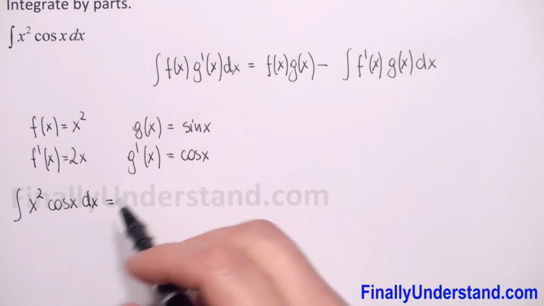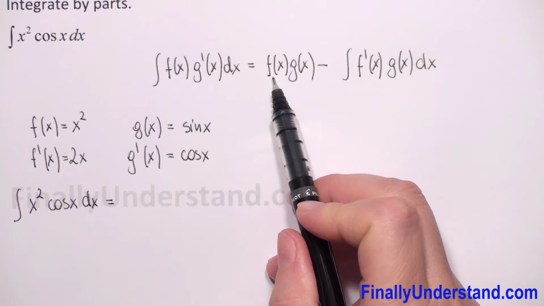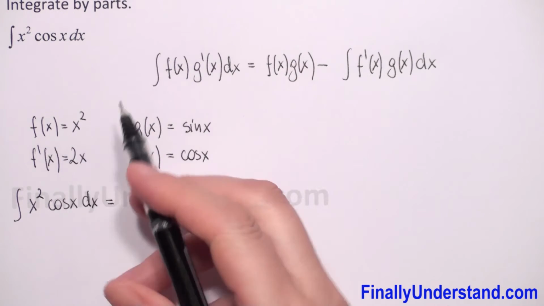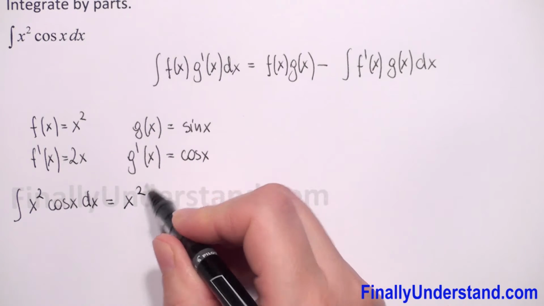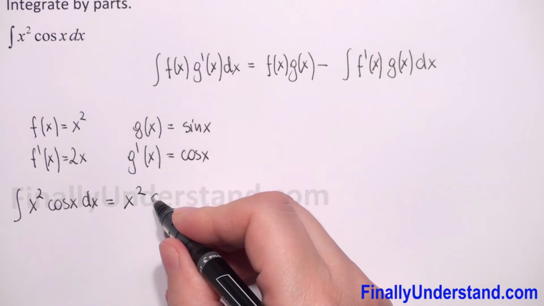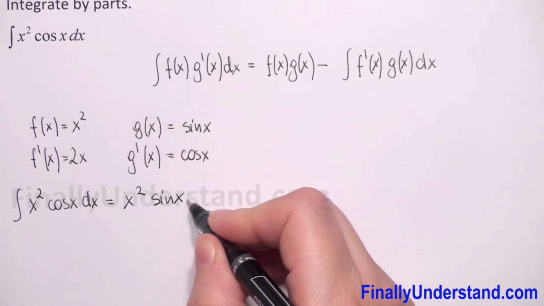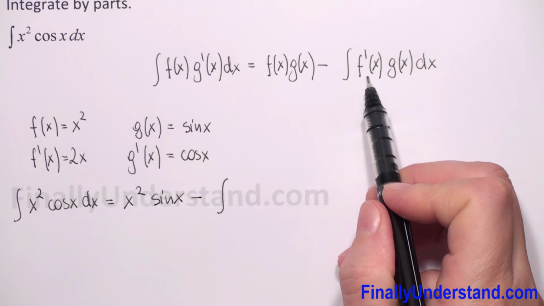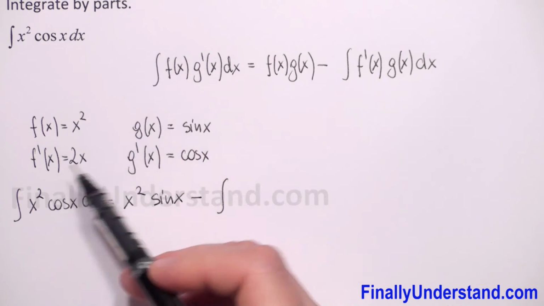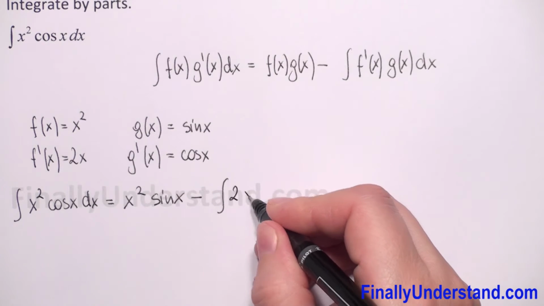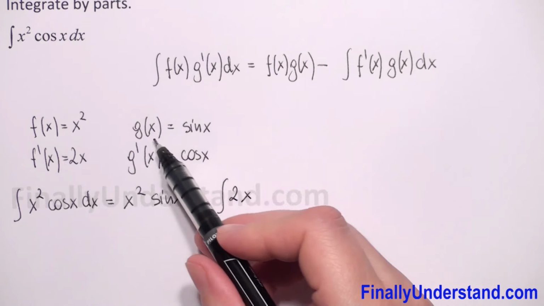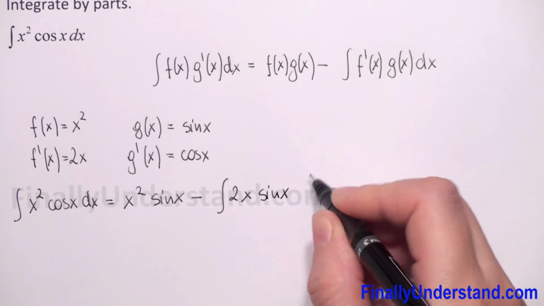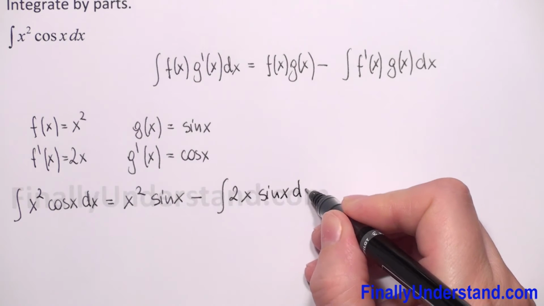This is equal to, first we have to multiply f of x times g of x. We have f of x equals x squared, g of x is equal to sine of x, and we have minus the integral of f prime of x times g of x. F prime of x is 2x, g of x is sine of x, and we have with respect to x.